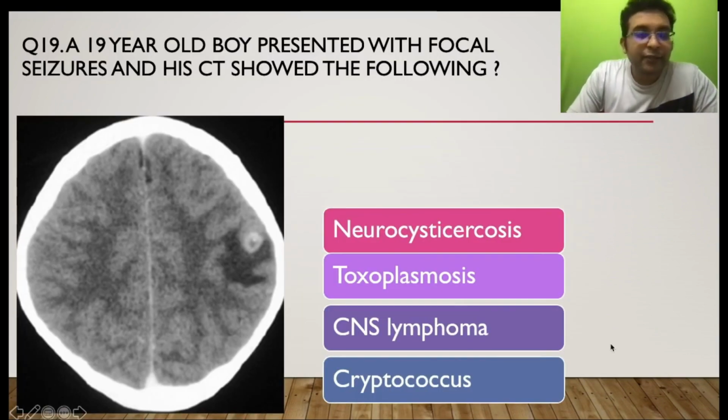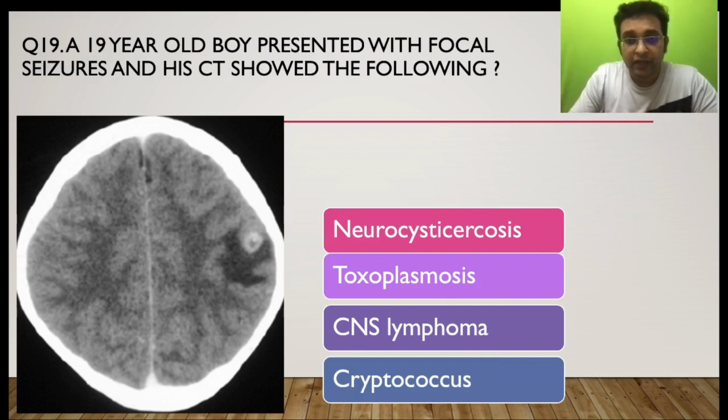So now let's see question number 19. This is regarding a 19-year-old boy who presented with focal seizures, and his CT showed the following findings. The options given in the exam were neurocysticercosis, toxoplasmosis, CNS lymphoma, and cryptococcus. All these options could cause seizures in a 19-year-old boy. So the most probable from these would have been neurocysticercosis.